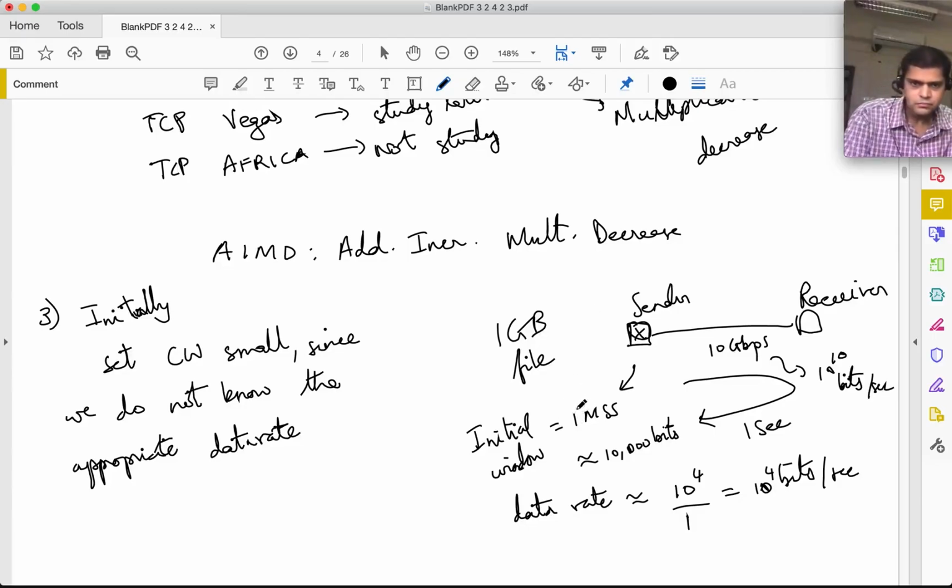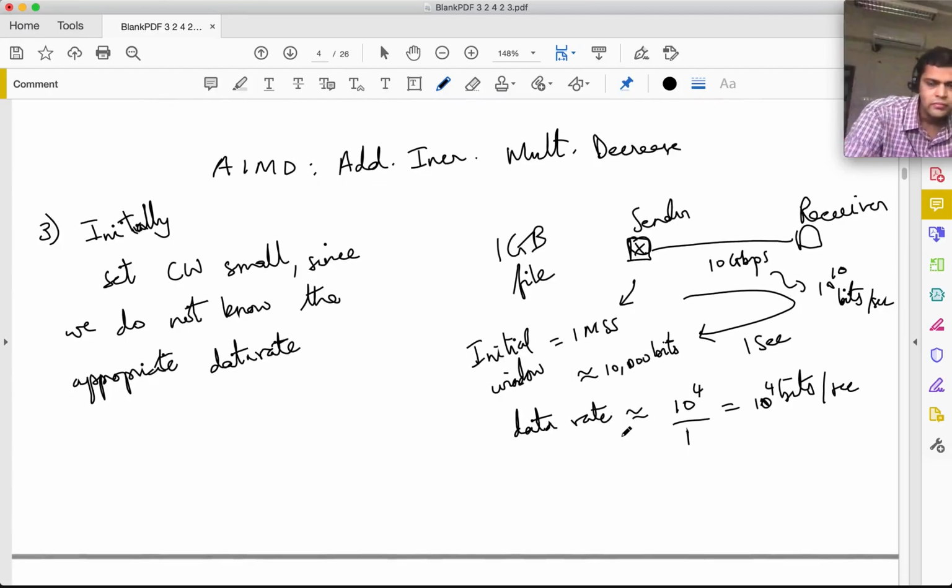Okay. And remember that the data rate also depends on the round trip time. So 1 ms could also be a high data rate if the receiver is just next door on the same LAN or something like that. Okay. So we don't know how this window size is going to translate into a data rate, and we don't know what is the capacity.